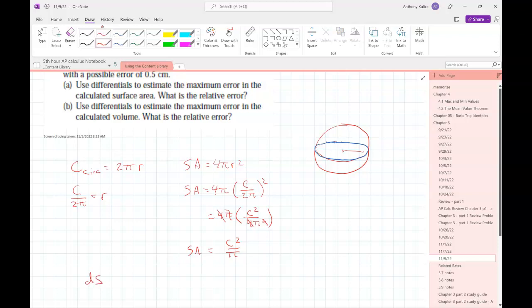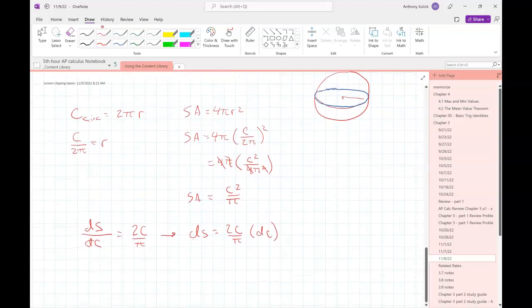So dS/dC is going to equal 2C over pi. Everybody okay with that? Or really, dS is equal to 2C over pi times dC.